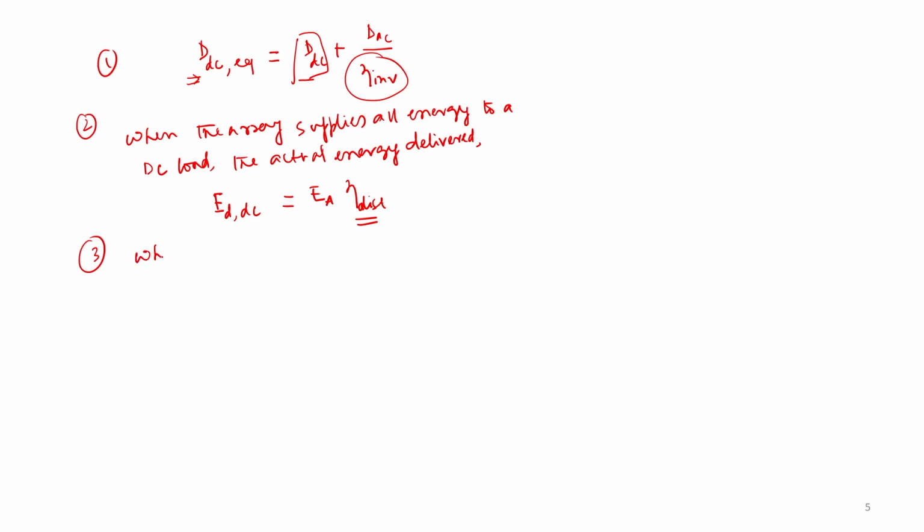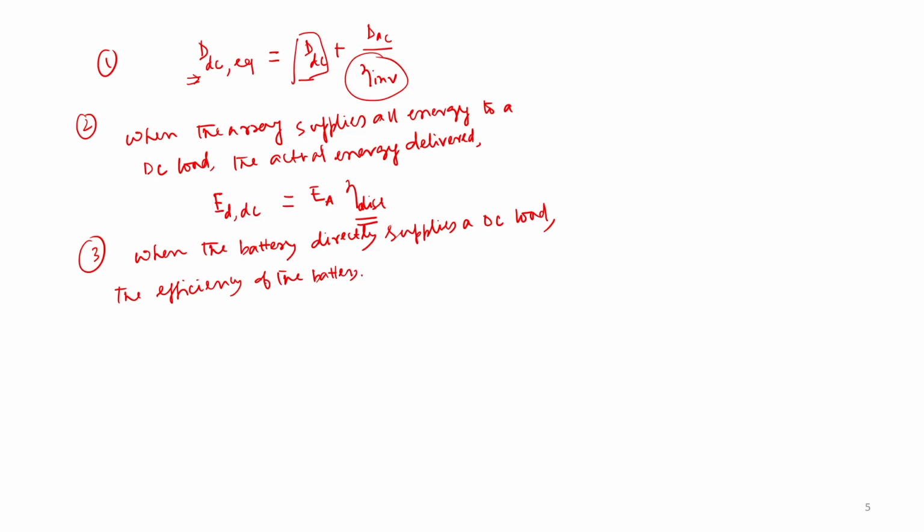So, when the battery directly supplies a DC load, and the battery efficiency is represented by eta bat, then the actual energy delivered will be E D DC, battery.